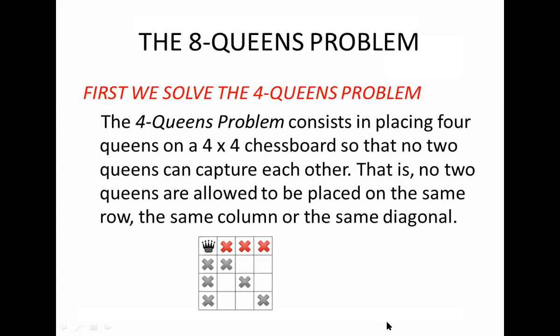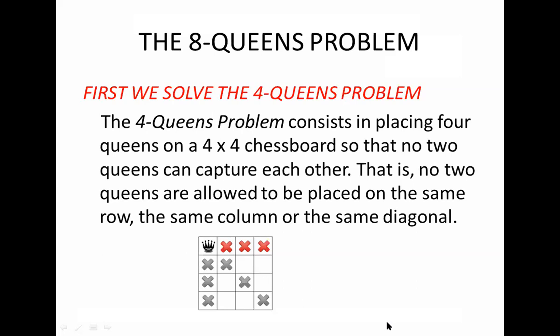Okay, see here, what is the problem here? We have 4 queens. So instead of 8 queens, first we see the 4 queens problem, then we move to the 8 queens problem.